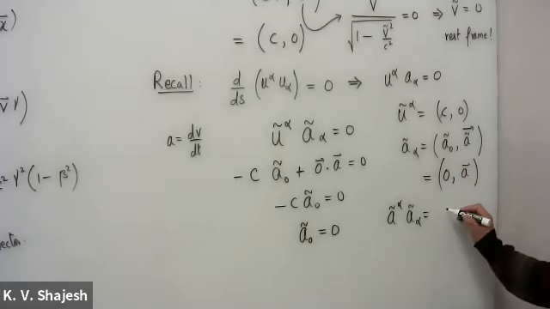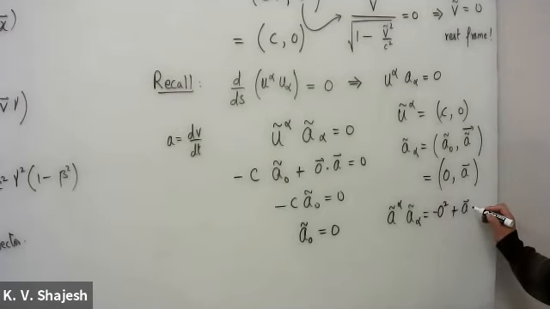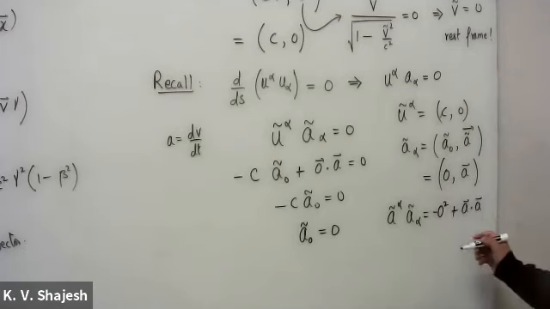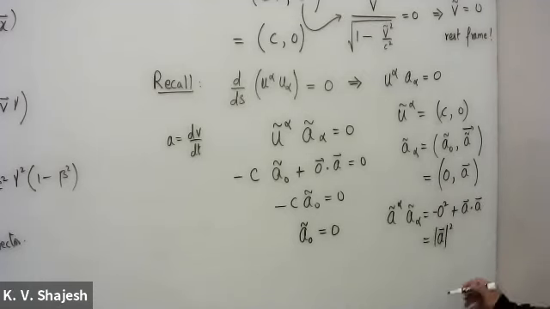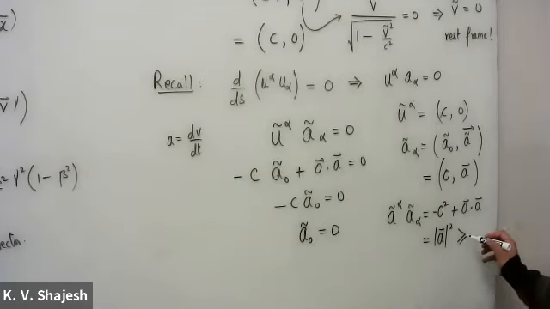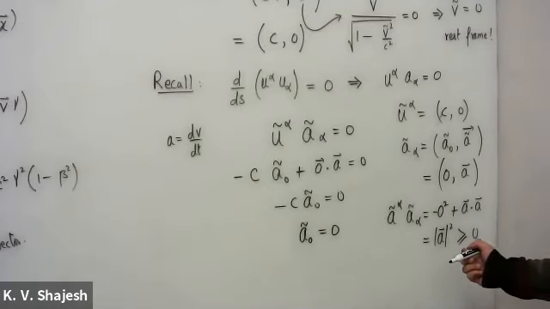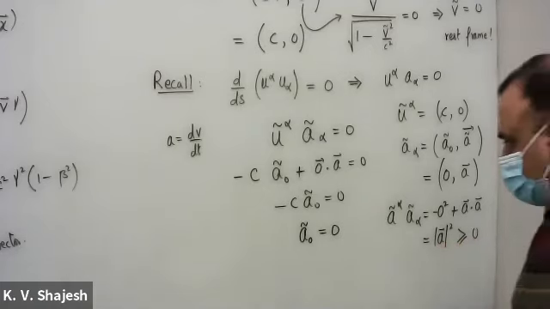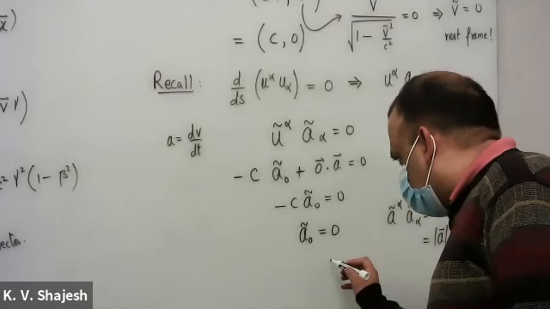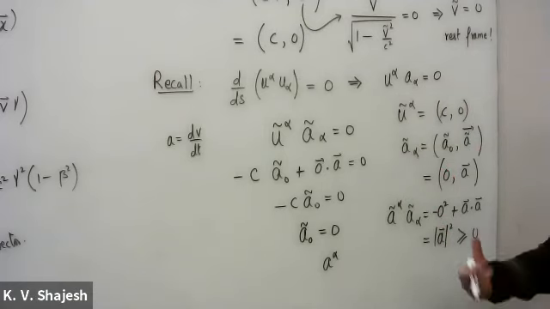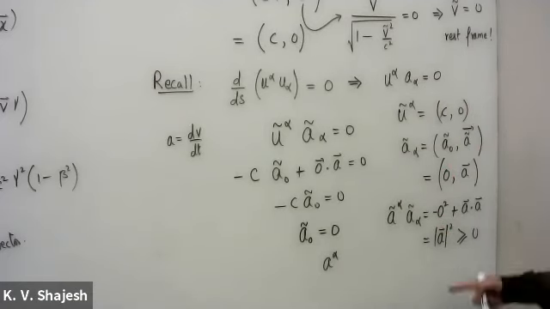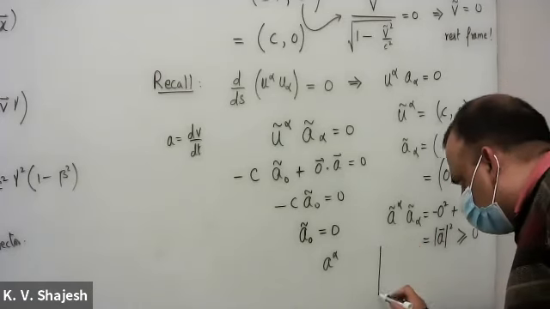That's equal to the magnitude squared, so minus 0 squared plus vector A dotted with vector A. That's positive, which is greater than 0. That means this is space-like. So we have concluded that acceleration is space-like. Once it is space-like, I don't care; I can release my frame and go to any other frame. So if I were to plot this here.